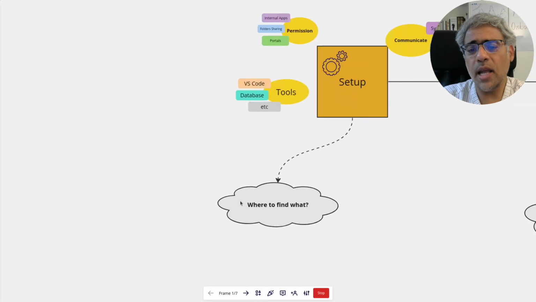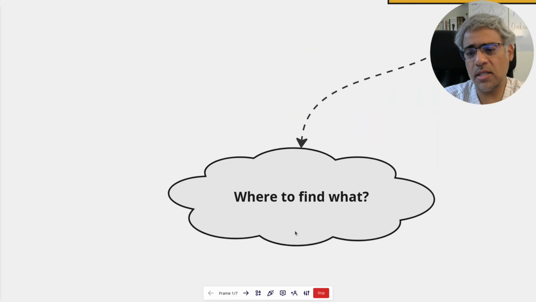I can give you a hint here: make a note of where to find what. It's really important to take into account that at the beginning of joining a new company, you're supposed to load a lot of data. After a while, you're going to forget a lot of them. That's why making notes and even modeling the things can help you a lot in the future.